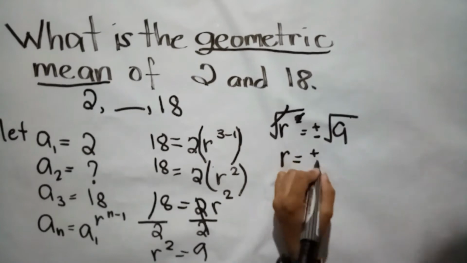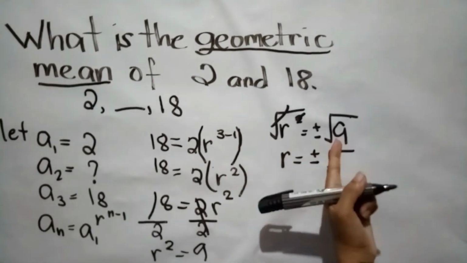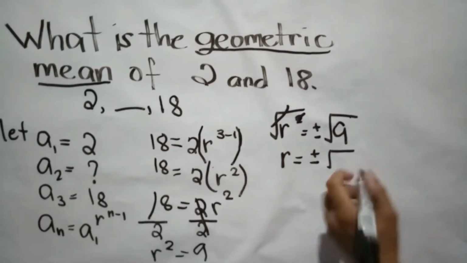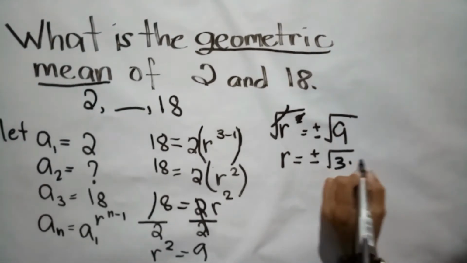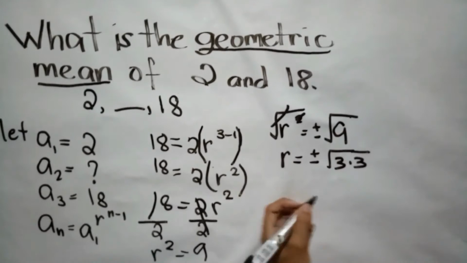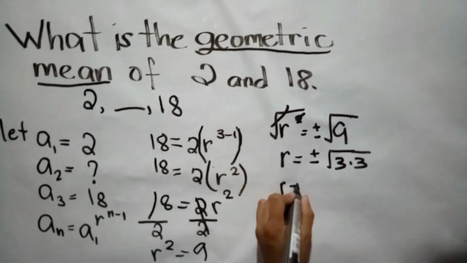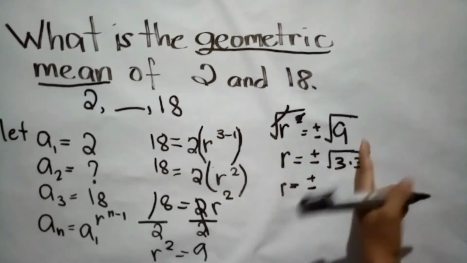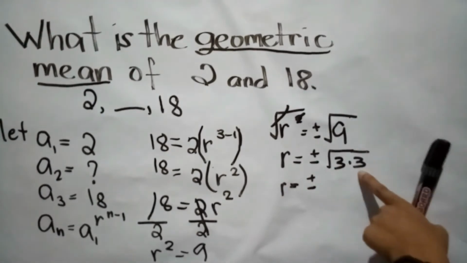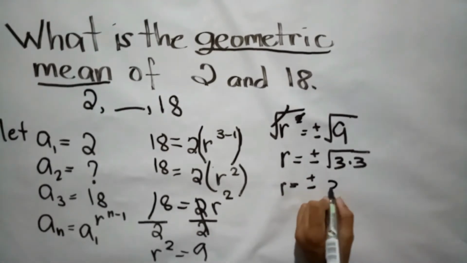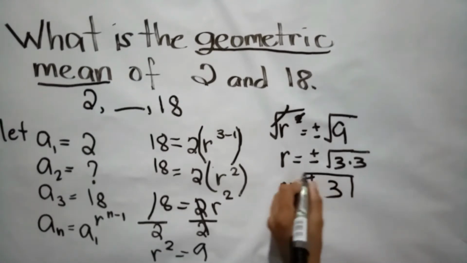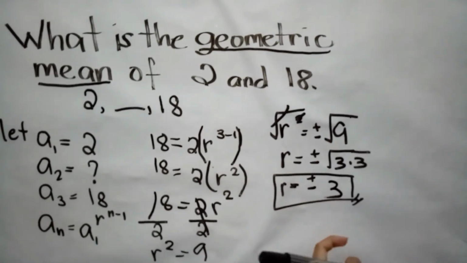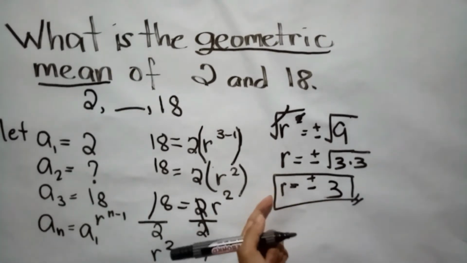Then positive, negative square root of 9. Think of a number to be multiplied by itself to get 9. That is 3 times 3. Since it is a perfect square, you just need to write 3 here. So r is equal to positive and negative 3.